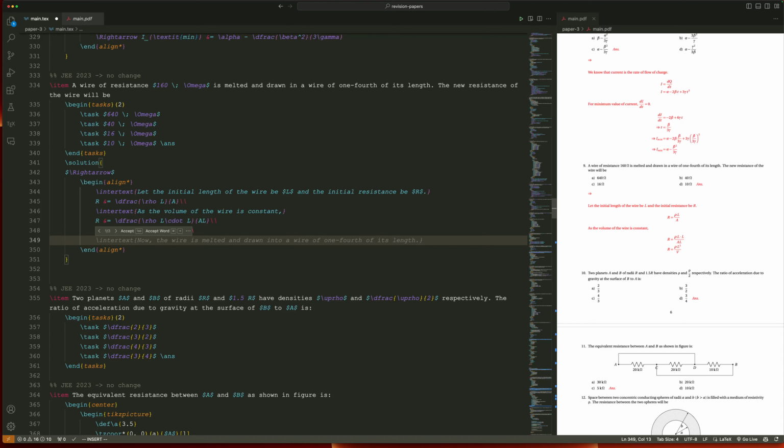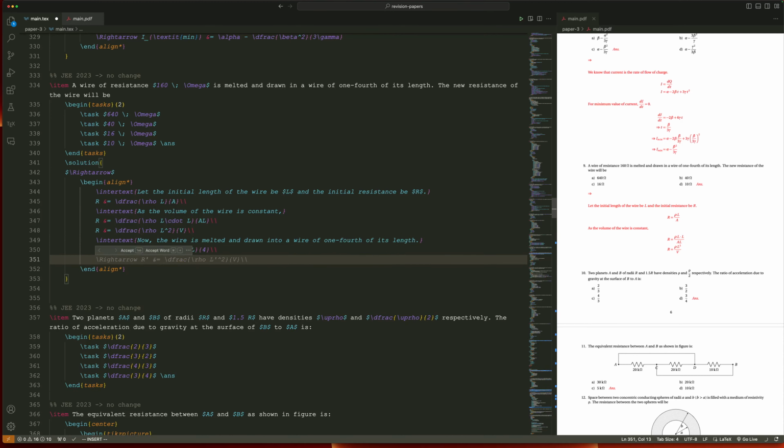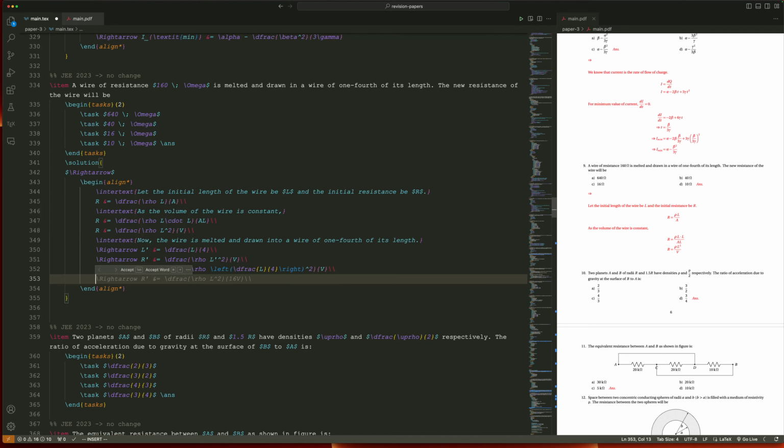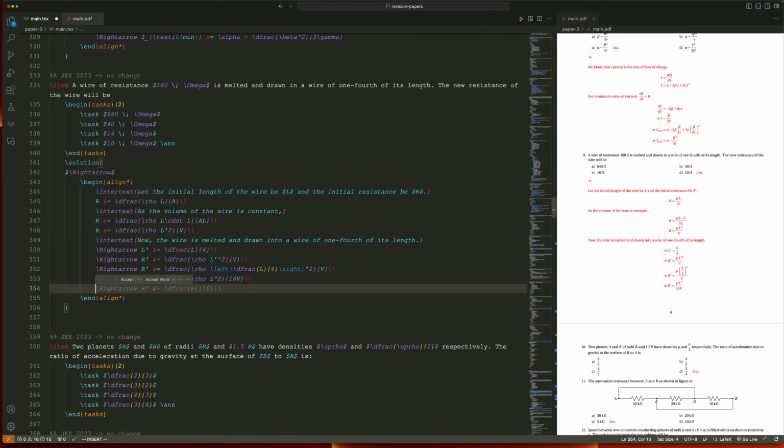Now the body melted to 1/4 of the length, L dash. Let's run it. So as you can see, it's perfectly fine.